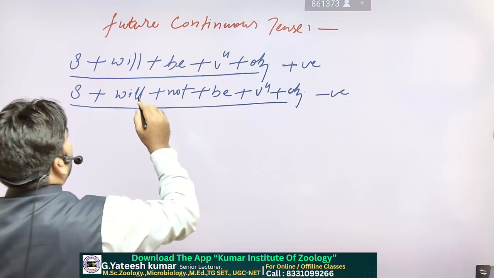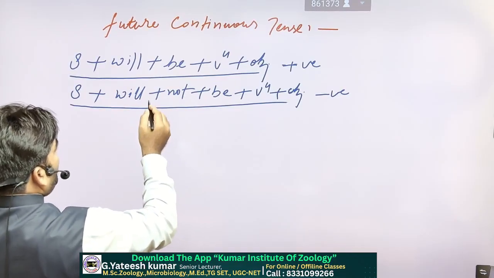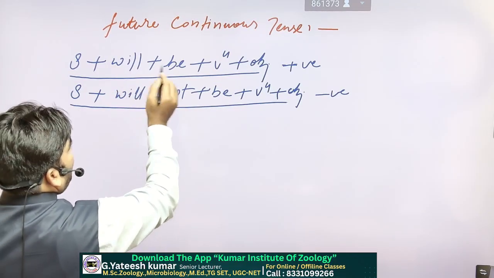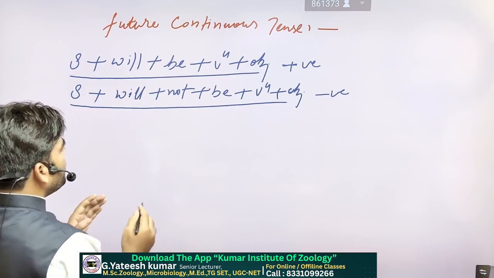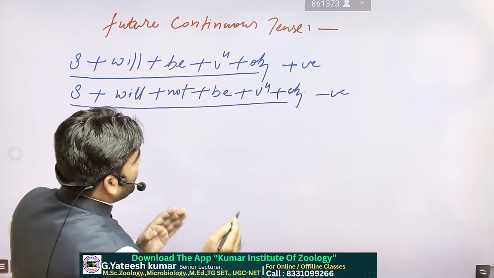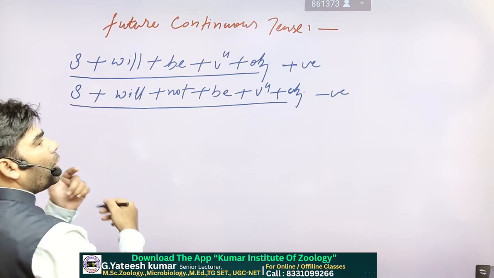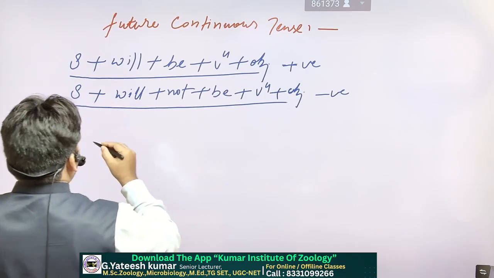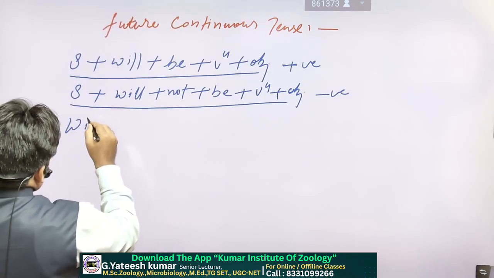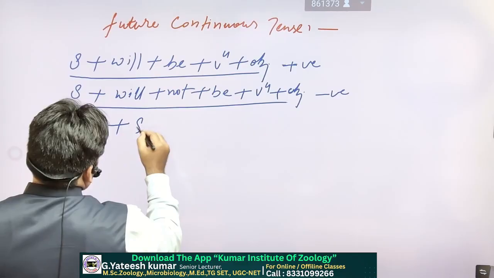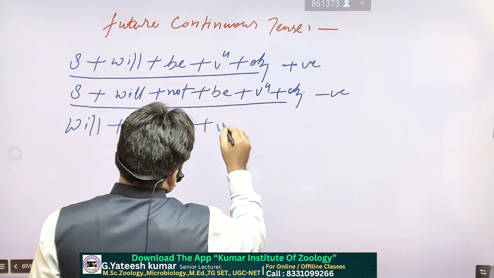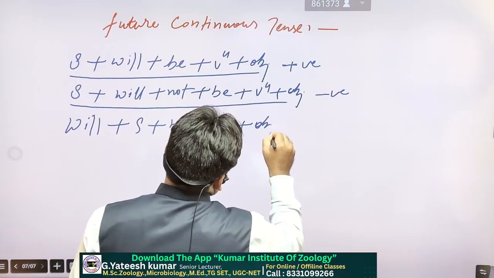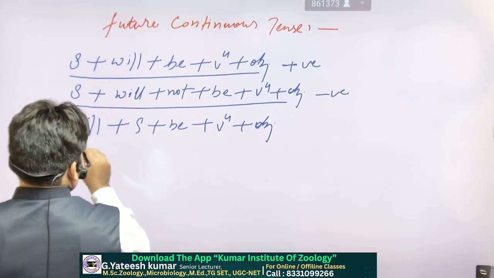Keep in mind, we will use not between will and be. Sometimes I noticed many students using she will be not. So this is wrong. She will not be. Okay. Then yes no type questions, will, subject, and after subject we will use be, then ing form, and then object.